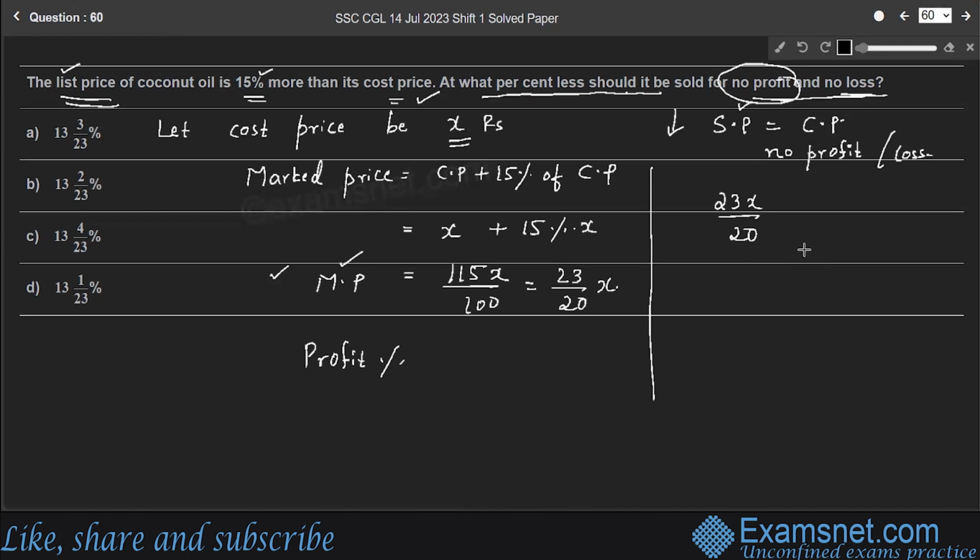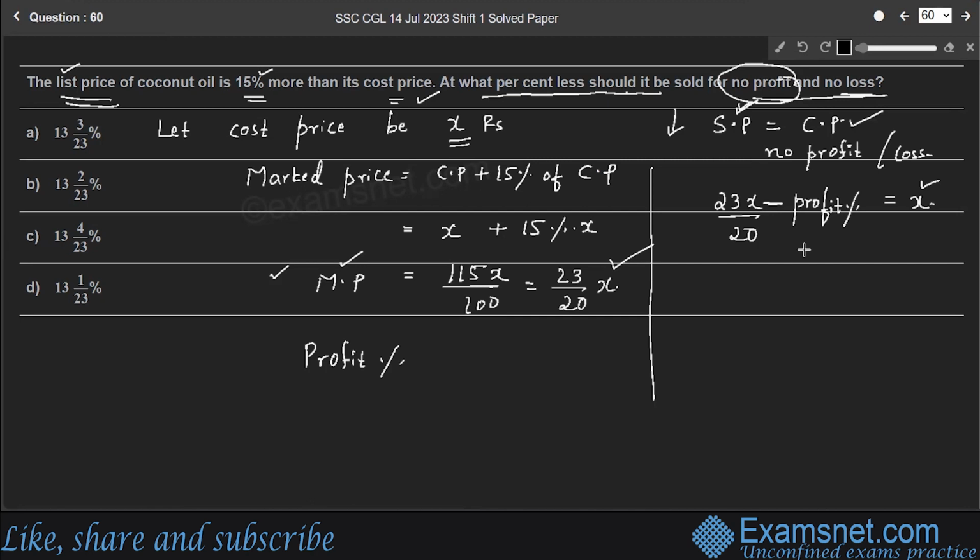So in order to get no profit, the cost price should be equal to the selling price, right? So we have to take the cost price as x rupees here. So market price minus some value should be equal to cost price. What value do we need to subtract here? The profit percentage. In the previous case, when the market price was 23x by 20, we had some profit percentage.